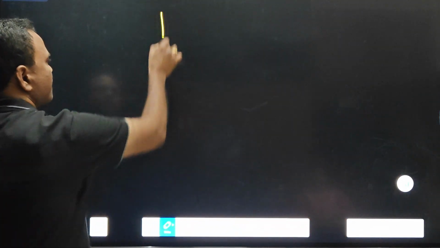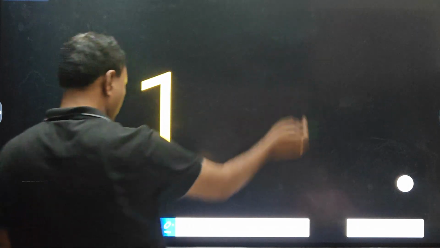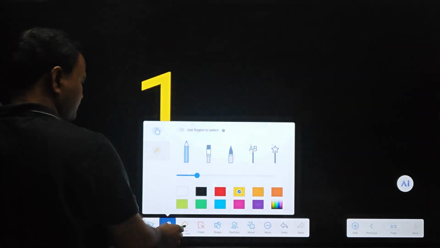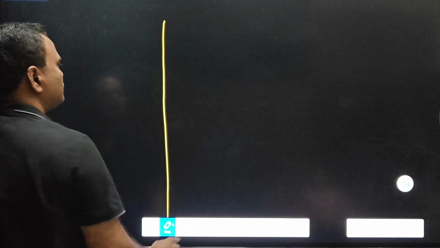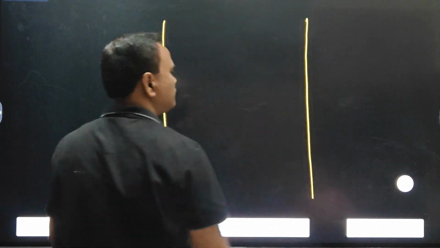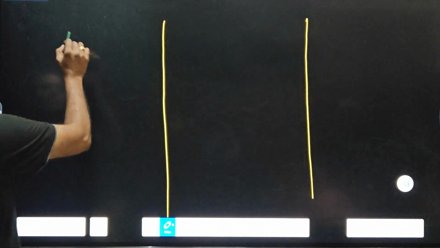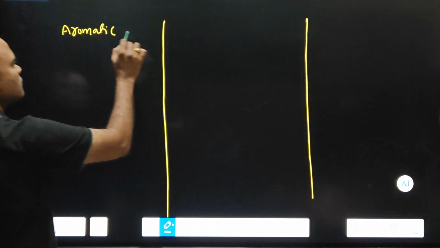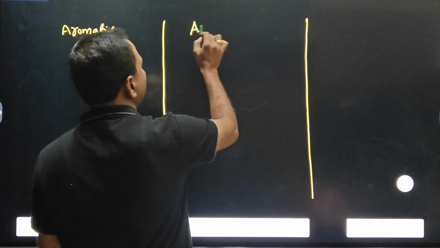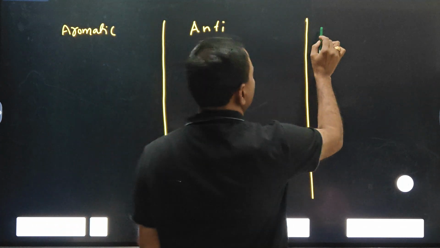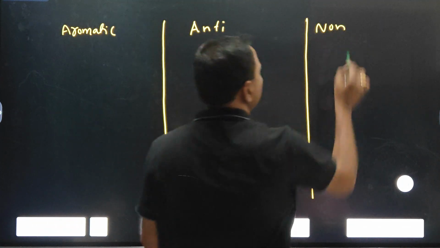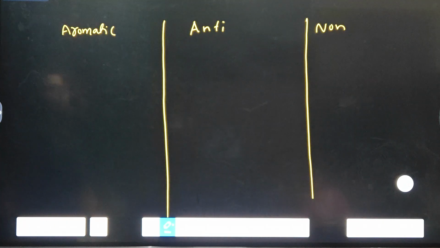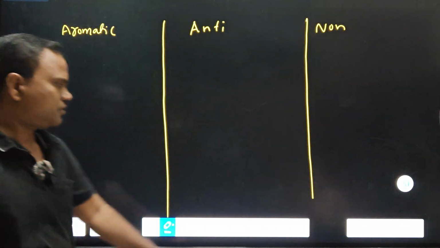Continuation of the conditions for aromatic, anti-aromatic, and non-aromatic.